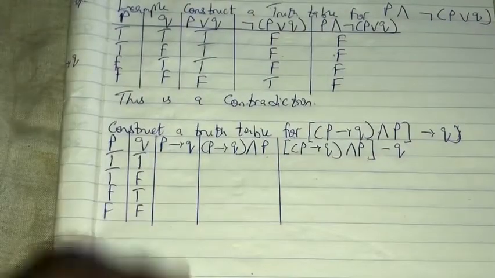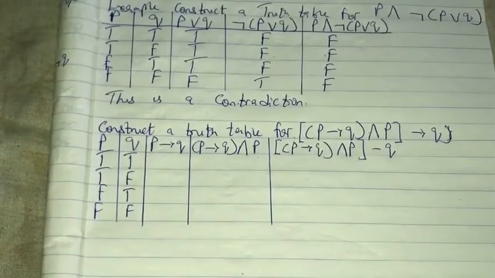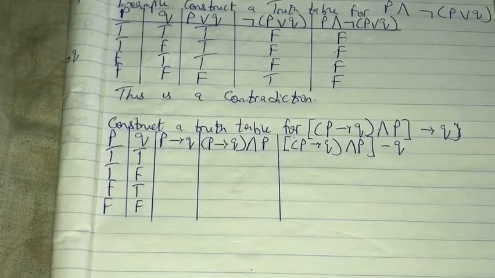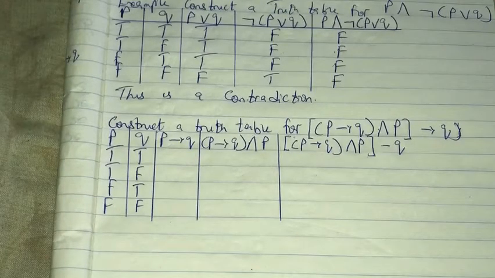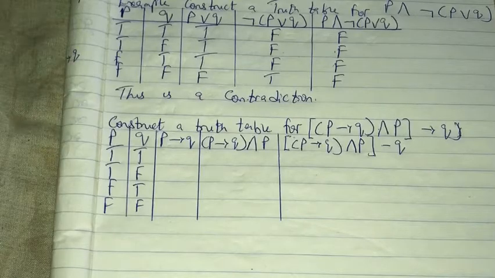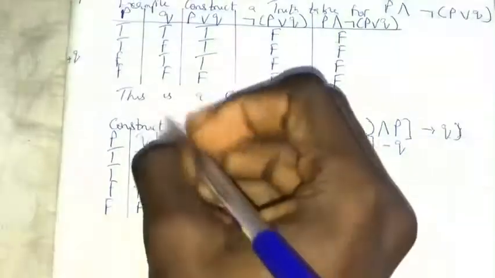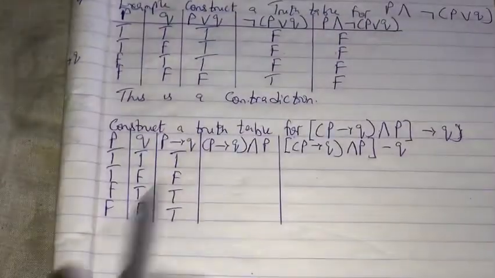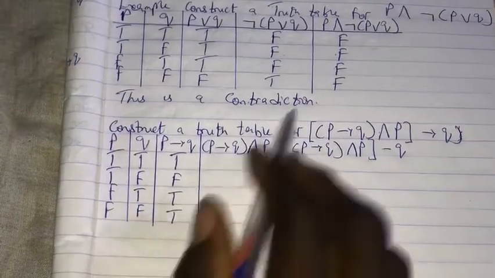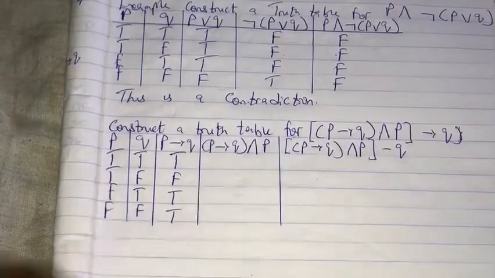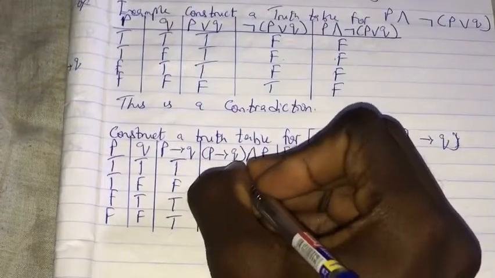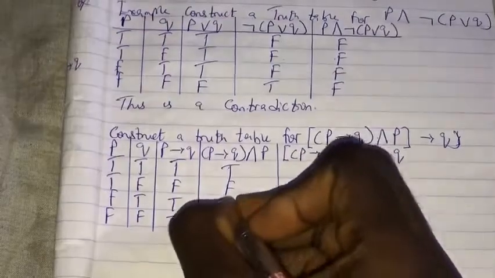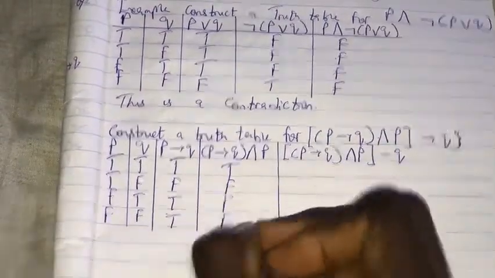So we have another question, and it says construct a truth table for the expression above. Alright, let's get started. In order to save our time, I've already helped you set the table down. So P then Q, we have true, false, true, true. Then P then Q and P: true, false, false, false.